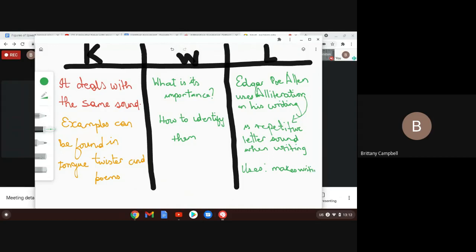Makes writing fun. Anything else? All right, so it generates a rhythm. Awesome. I think we were listening.